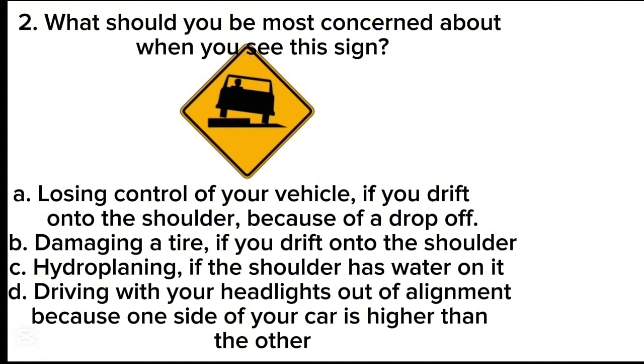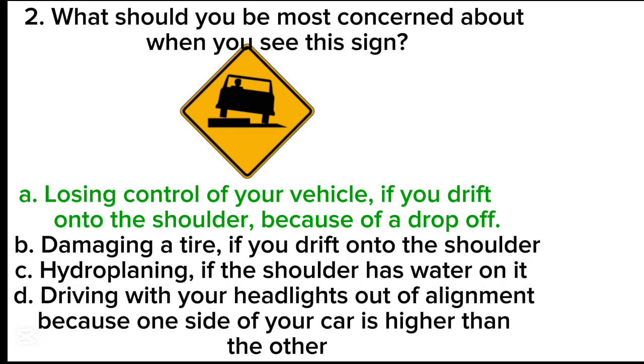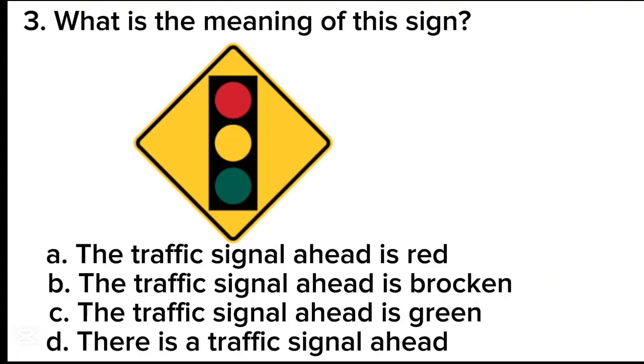What is the correct answer? Let's write. The correct answer is A. Losing control of your vehicle if you drift onto the shoulder because of drop-off. Once you see this sign, you should be concerned about losing control of your vehicle if you drift onto the shoulder because of drop-off.